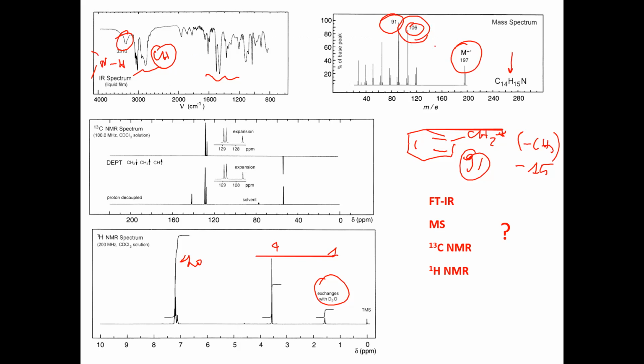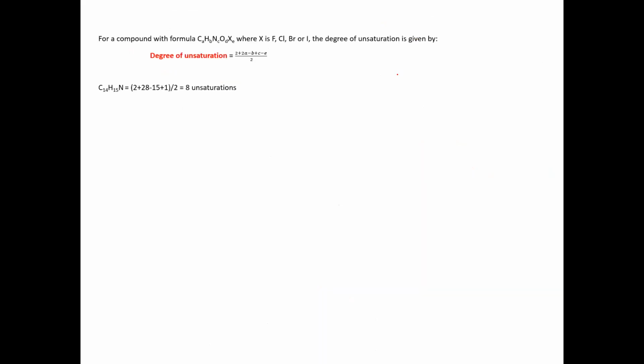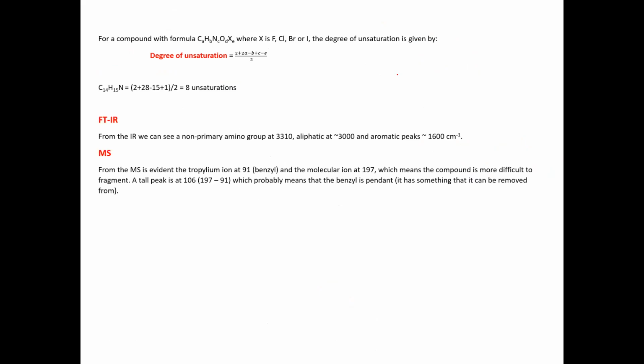If you do this one minus this one, it gives you another 91. So you have one peak at 91 plus another peak at 91. You can do those calculations retrospectively. Once you know that you have 2 aromatic moieties, probably pendant on both sides, both of them must be aromatic moiety plus CH2 because of the benzyl.